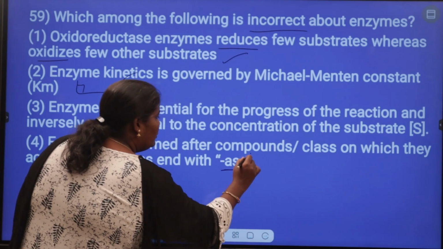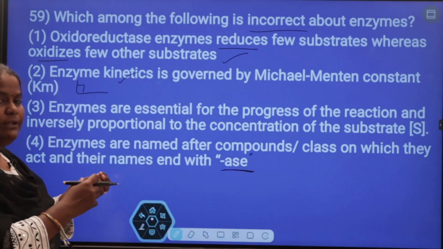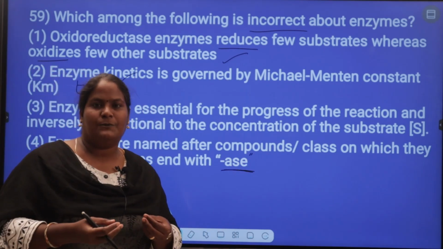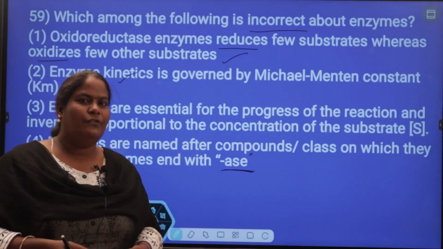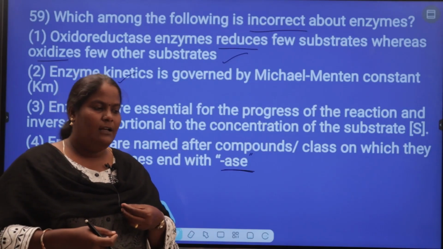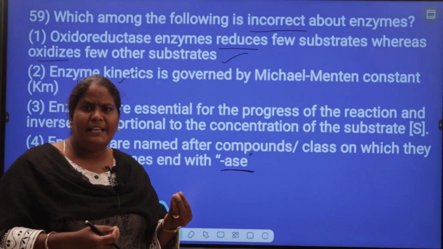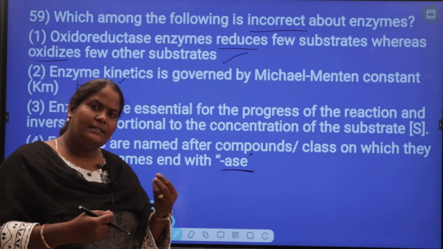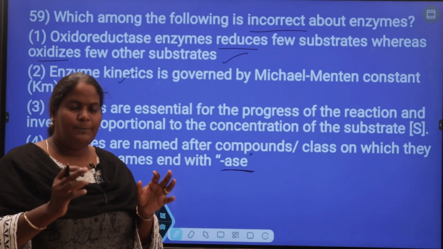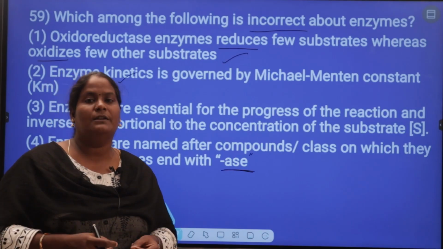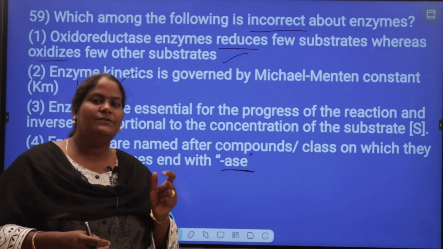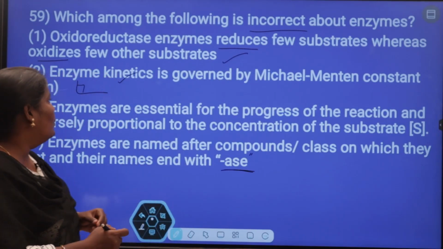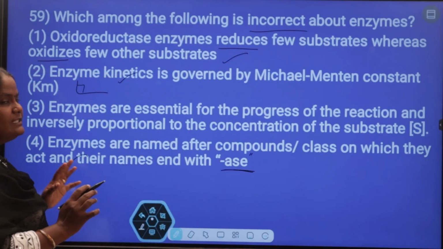Yes, of course, in the biology subjects, especially in the respiration chapters, there are so many enzymes: hexokinase, enolase, pyruvic kinase, succinate dehydrogenase. It's a basic nomenclature also. Enzymes end with the name ase. So all the three other statements are right.